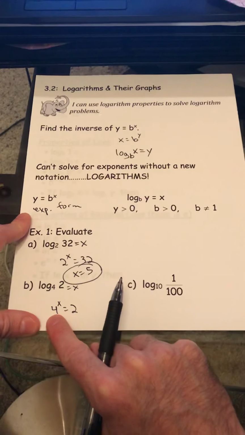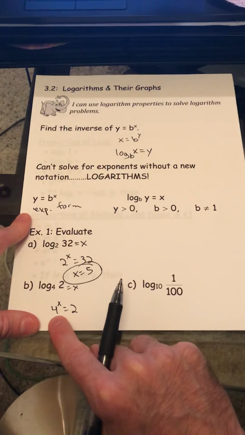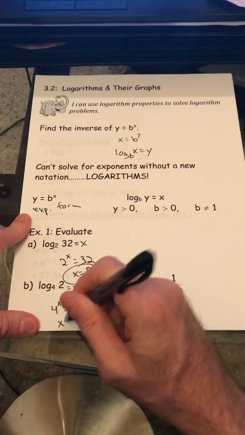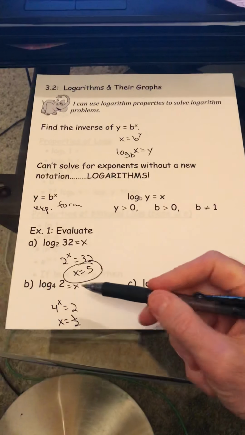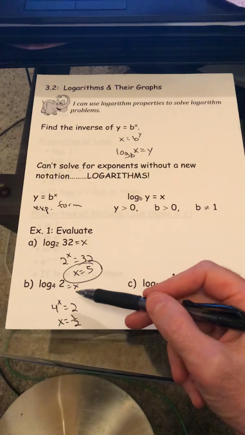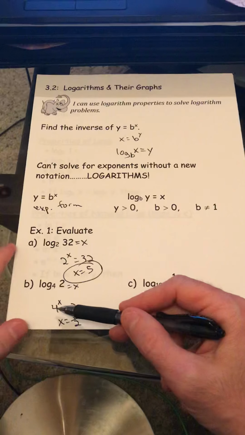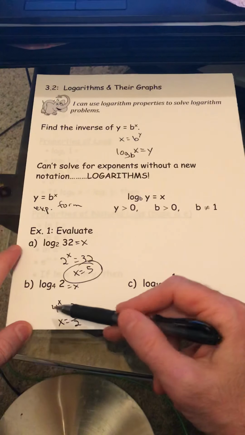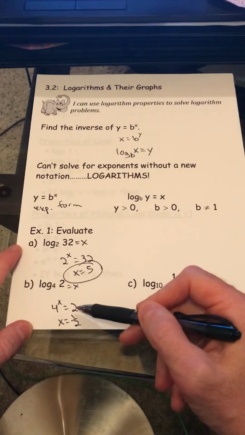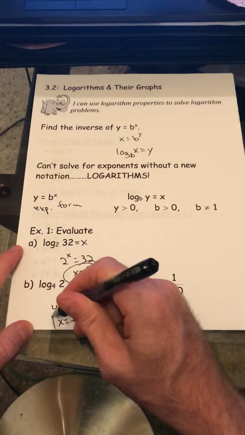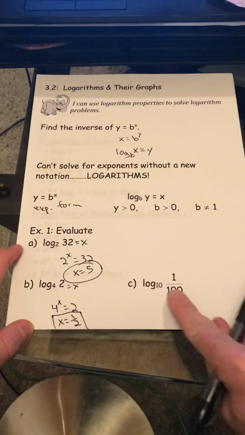The fractional power we need, and I'm going to talk about this in another way in a moment, is 1/2. A 1/2 power is the same thing as a square root. The square root of 4 is 2, so 4 to the 1/2 is 2.